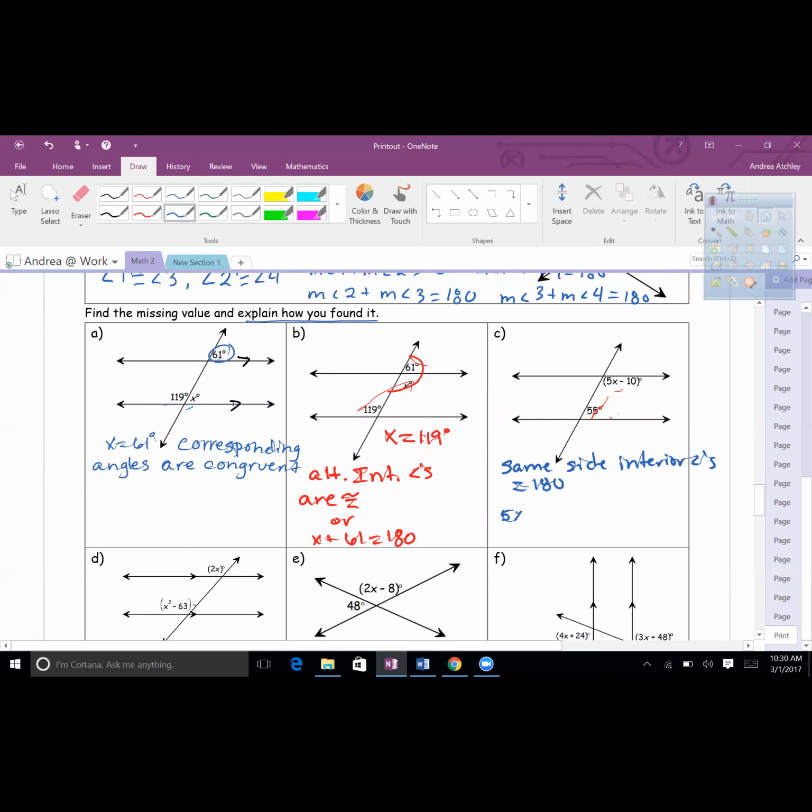So 5x minus 10 plus 55 equals 180. Oh my goodness, this is so frustrating that it's writing so hardly. So 5x plus 45 equals 180.